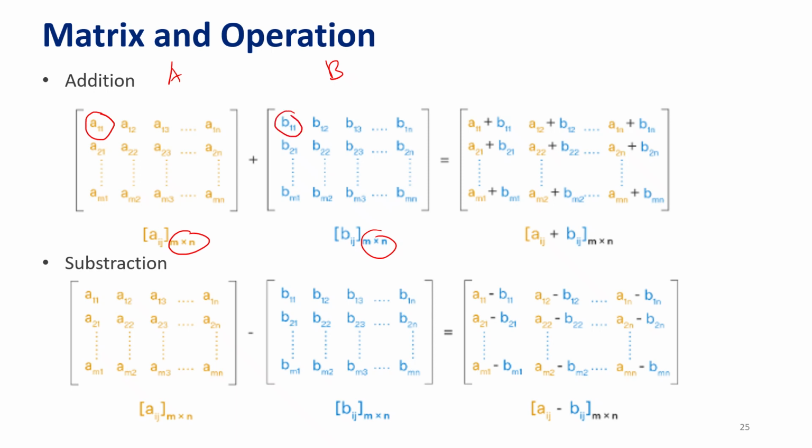So for example, the first entry will be A11 plus B11, and this one will be A12 plus B12.